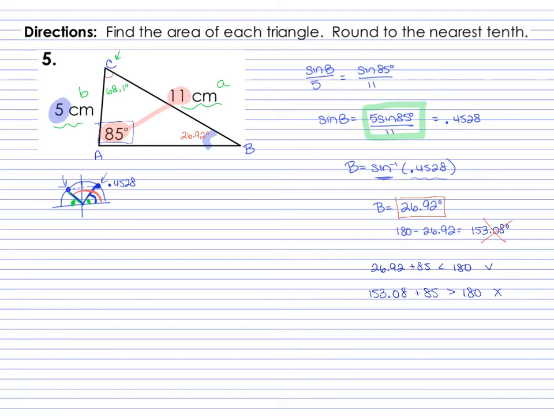So to find my area equals 1/2, side A we said was 11, side B is 5, times the sine of 68.1 degrees. When I put that in my calculator, I'm going to find that the area of the triangle is 25.52 centimeters squared.